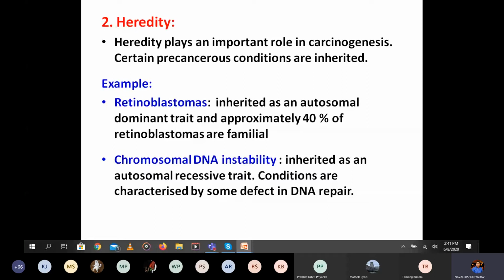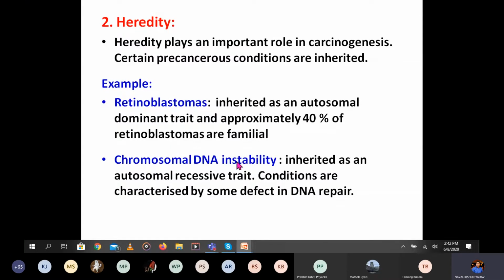The second one is heredity, which plays an important role in carcinogenesis. If our parents have some type of cancer, it can be transferred to the offspring. You can take the example of retinoblastoma and chromosomal DNA instability. Retinoblastoma is inherited as an autosomal dominant trait, and around 40% of retinoblastomas come from the family.